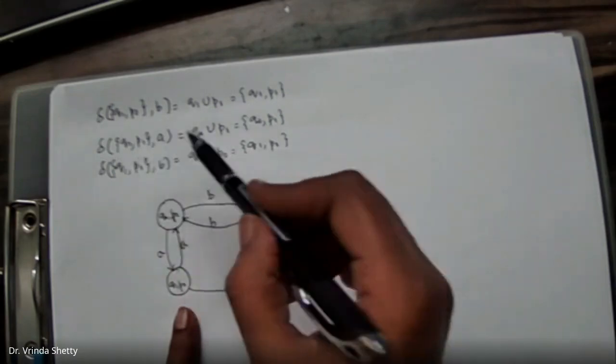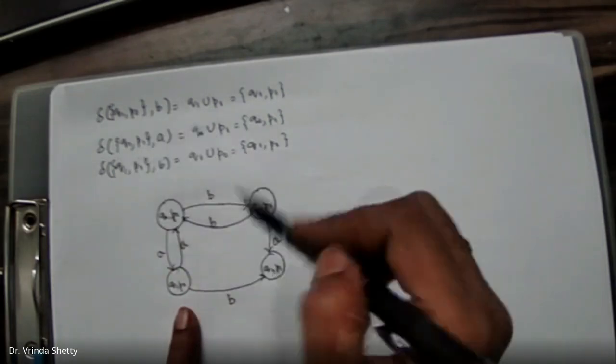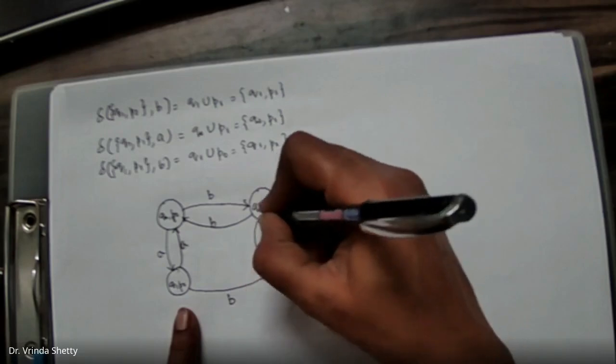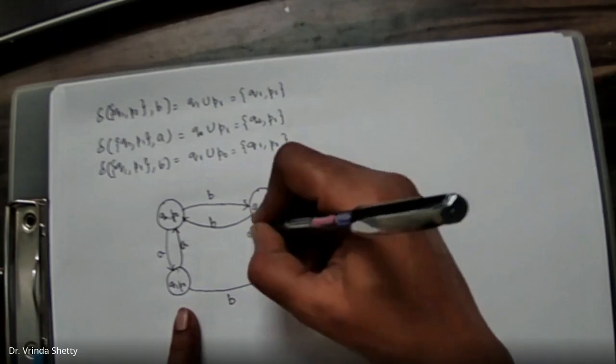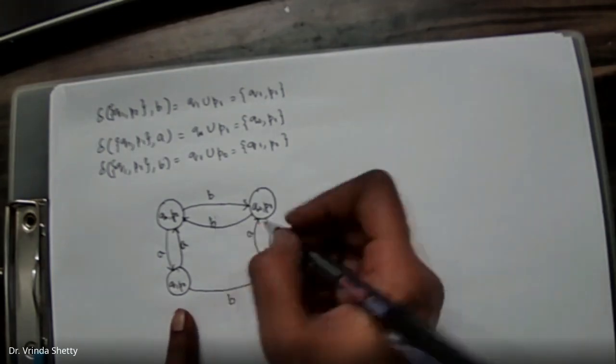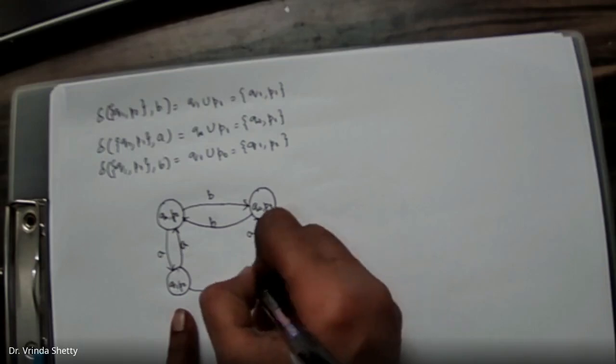The next, Q1 P1 on A, it is going to Q0 P1. Similarly, Q1 P1 on B, it is going to Q1 P0.